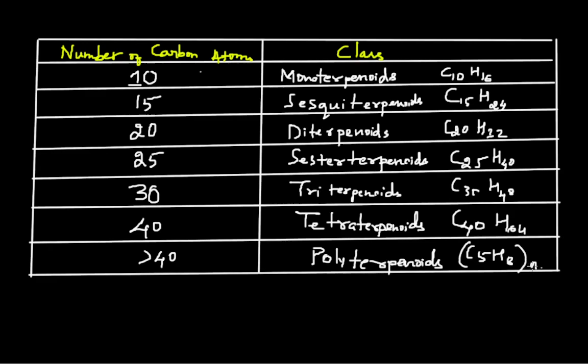Okay, now what are the uses of terpenoids? So simple mono and sesquiterpenoids are the chief constituents of essential oils. So these essential oils have been used in perfume industry from the earliest times. Tetraterpenoids form a group of compounds called carotenoids.